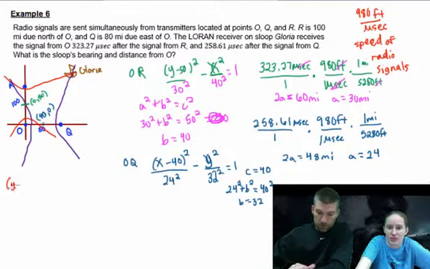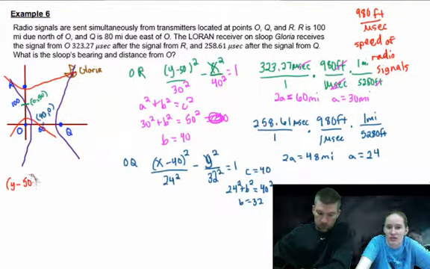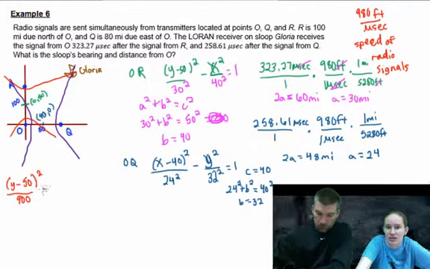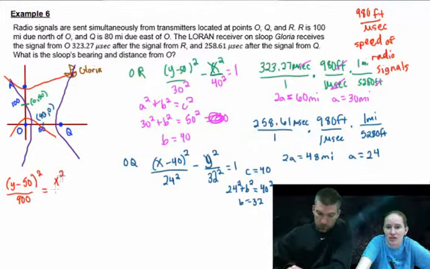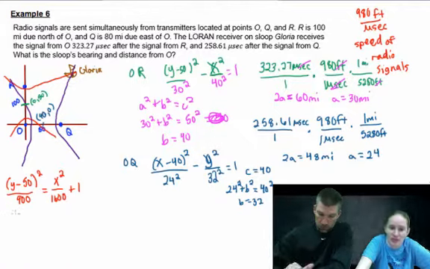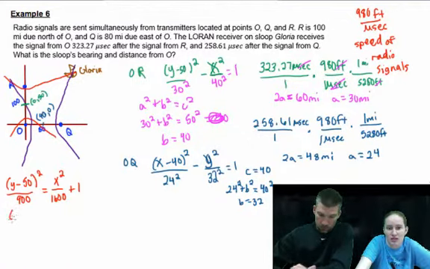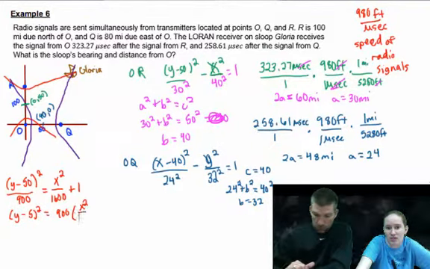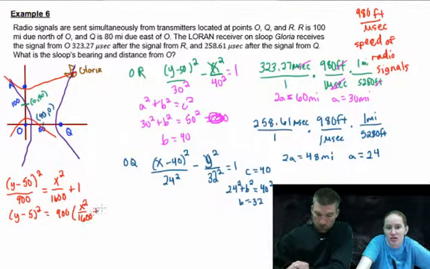So I'll start with the first equation, solving for y. I'll just make that 900. So you'd add the x squared over 1600 to the right side. You'd multiply by 900, then square root, then add 5. So y minus 5 squared equals 900 times x squared over 1600 plus 1.